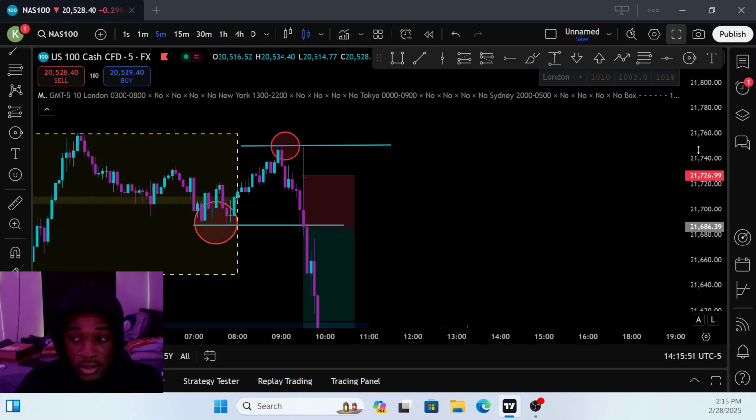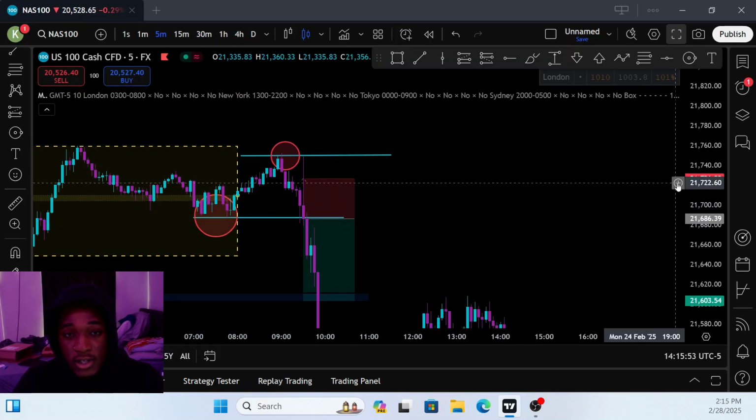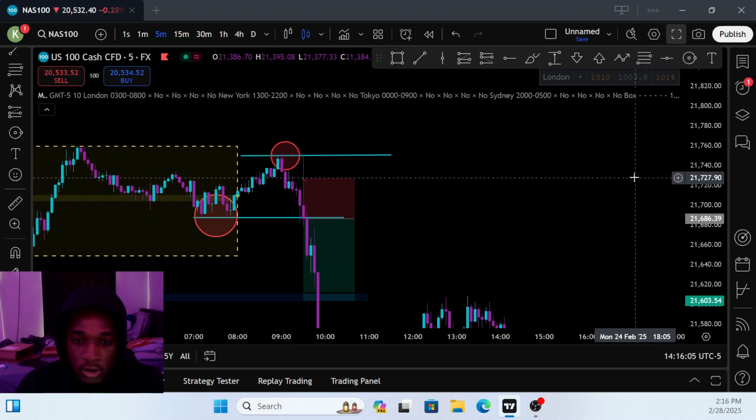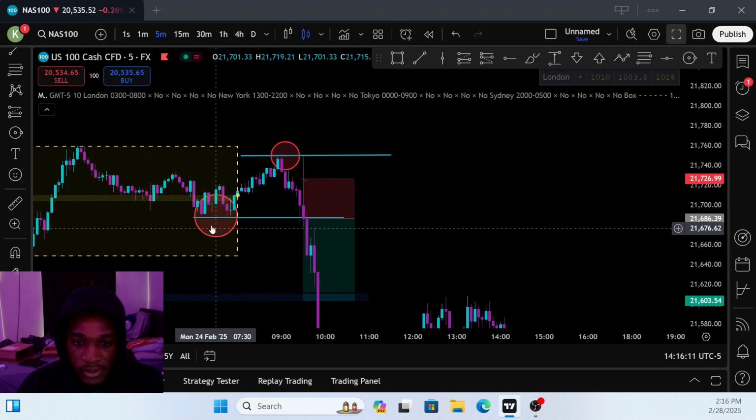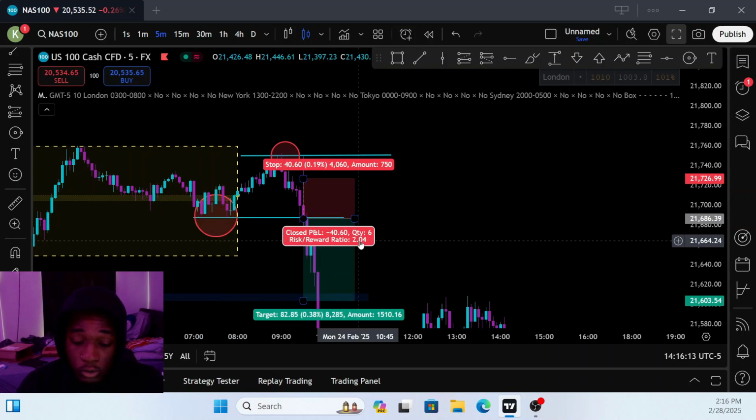Resistance is always going to be the roof of the house, basically, and support is always going to be the floor. Resistance is always on top, and support is always at the bottom. So as you can see, we have resistance, the most recent high before 9:30, and we have support, which is the most recent low before 9:30.